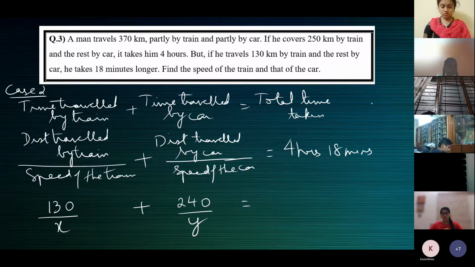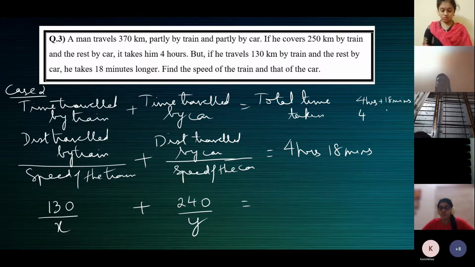So 4 hours 18 minutes means 4 hours plus 18 minutes. 4 is already in hours, let that be. Plus 18 minutes means 18 by 60 hours, which is 3 by 10 of an hour.